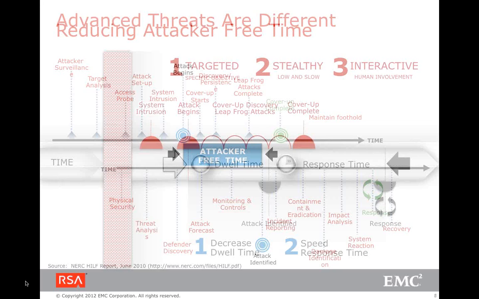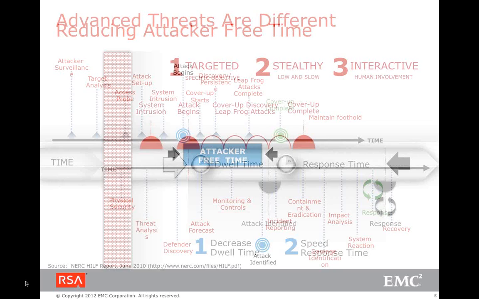To make sure that the dwell time and the response time are as small as possible, we do need a slightly different approach. The advanced threats are targeted, hence we are not in a position to identify the attack well in time, and because it's a new kind of attack, they are low and slow.